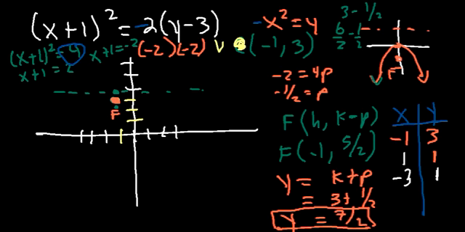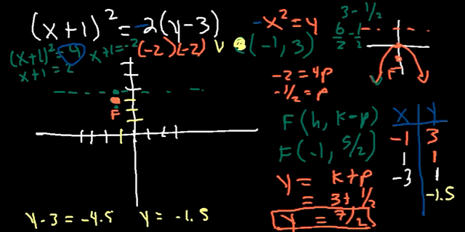Let's see. I need to set y minus 3 equal to half of 9, which is 4.5, but negative 4.5. So if I add 3 to both sides, y is going to be equal to negative 1.5. I'm going to choose that for my y value.